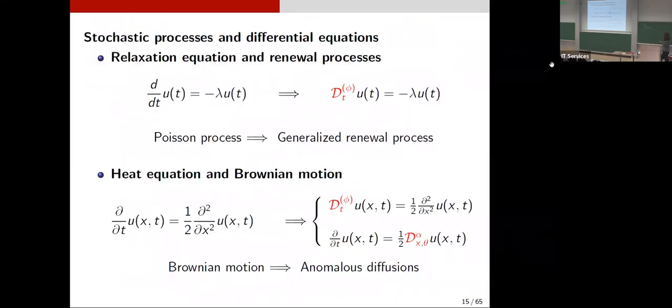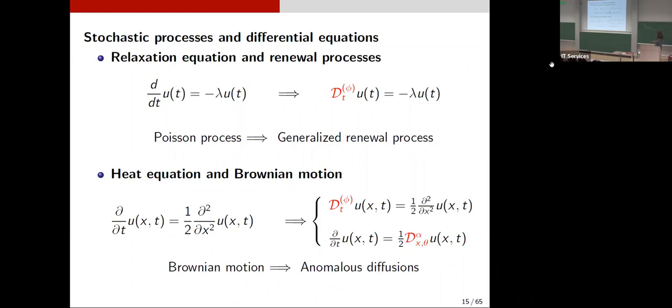So we are now interested in understanding what happens if we replace the first order derivative, both in the relaxation equation that I mentioned in the previous slide, with a non-local derivative, a non-local operator, which I define in a minute in the next slide. What happens is that we move from the Poisson process setting to a more general renewal process.